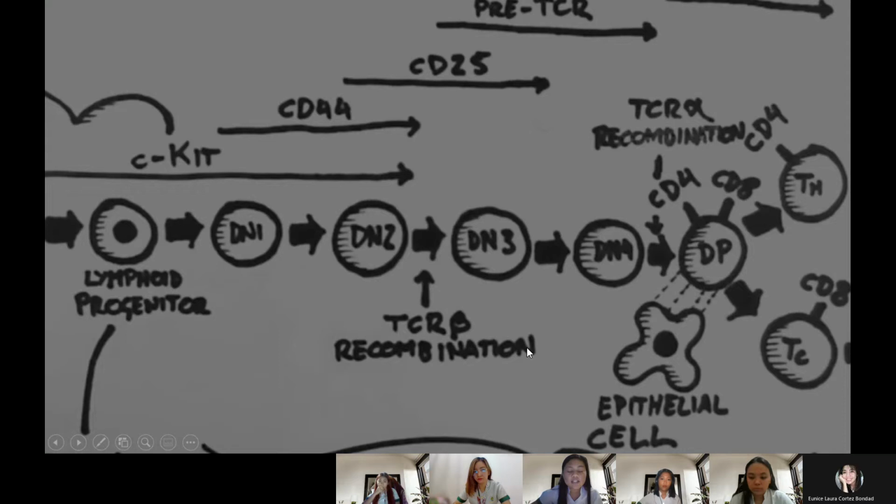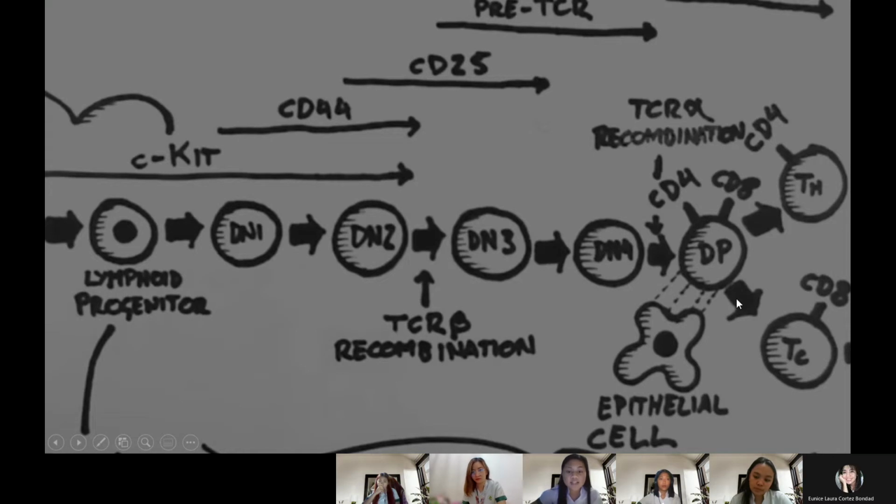The other less important component is called the pre-TCR alpha chain, but this should not be confused with the actual TCR alpha chain, which is recombined then expressed by the double negative 4 cell and the double positive cell.